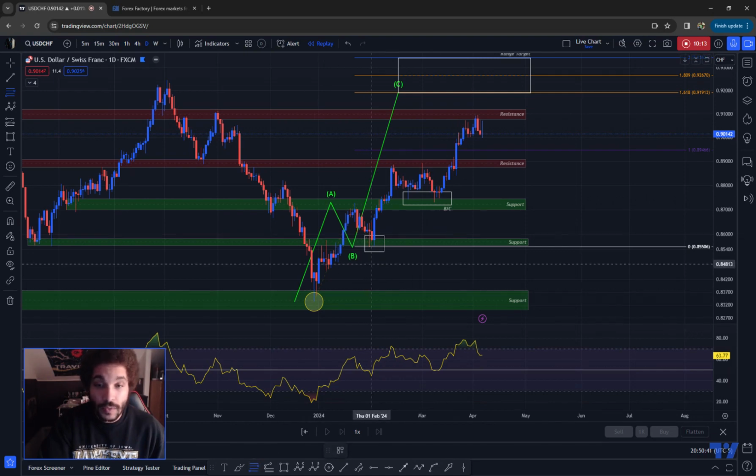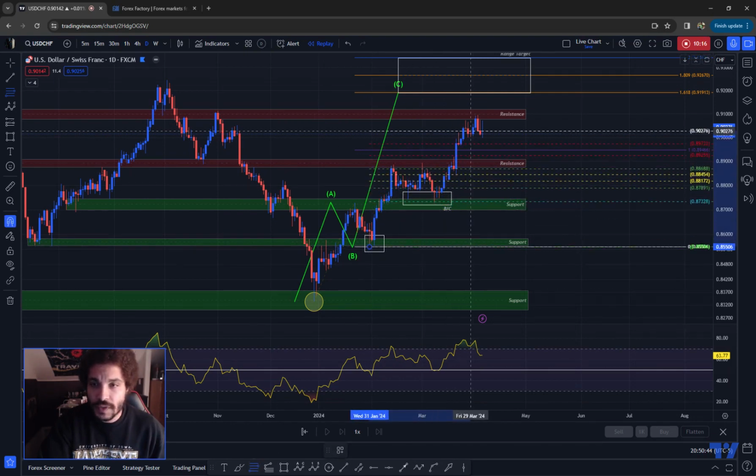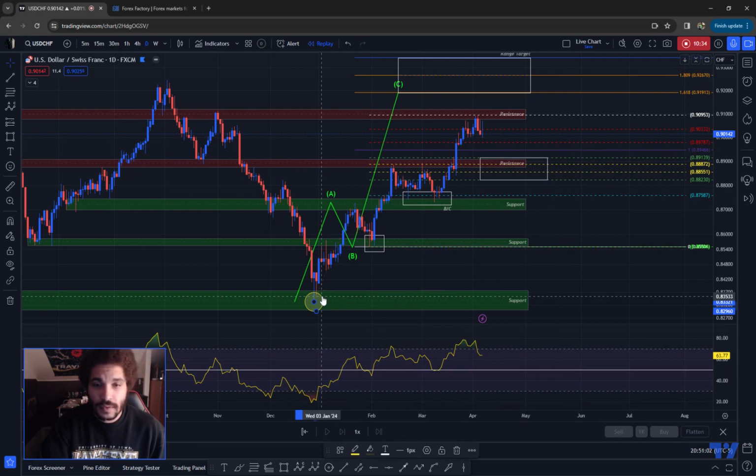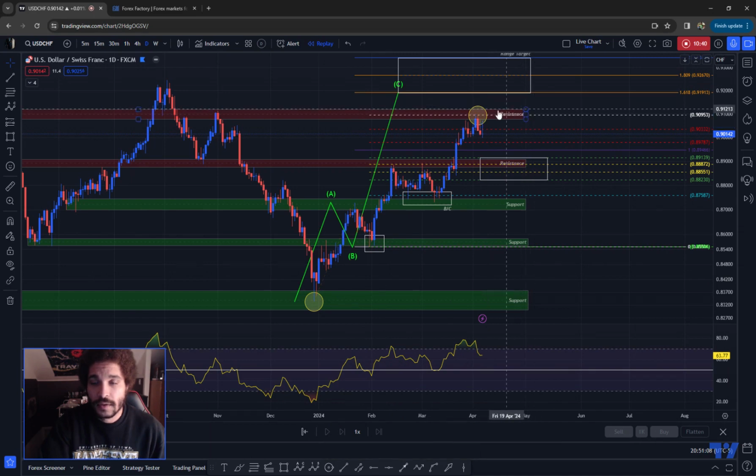Now, what does that mean? I want to take my retracement tool and go from the B zone up to this new high. That means I will be looking at the time to come. If our current high, right here, stays intact, I will be looking for a buy entry down in this zone.